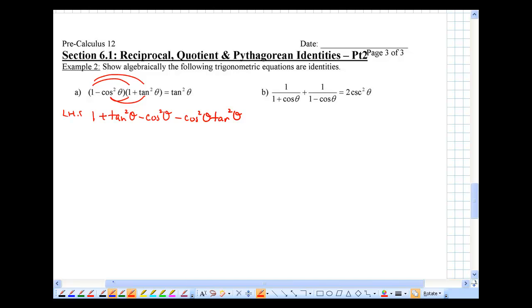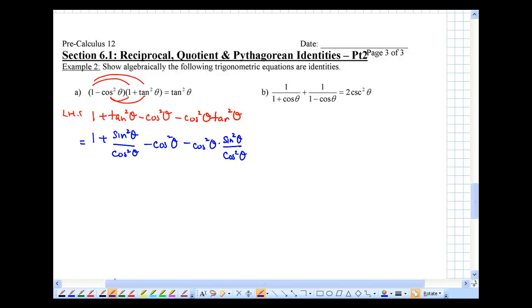I'm thinking, well, sine, cosine, tangent, even though there's tangent on the right-hand side, I'm thinking it might be nice just to change everything into sine and cosine. I'll just do that anyway. So sine squared theta over cosine squared theta minus cosine squared theta minus cosine squared theta, and tangent, once again, is sine squared theta over cosine squared theta.